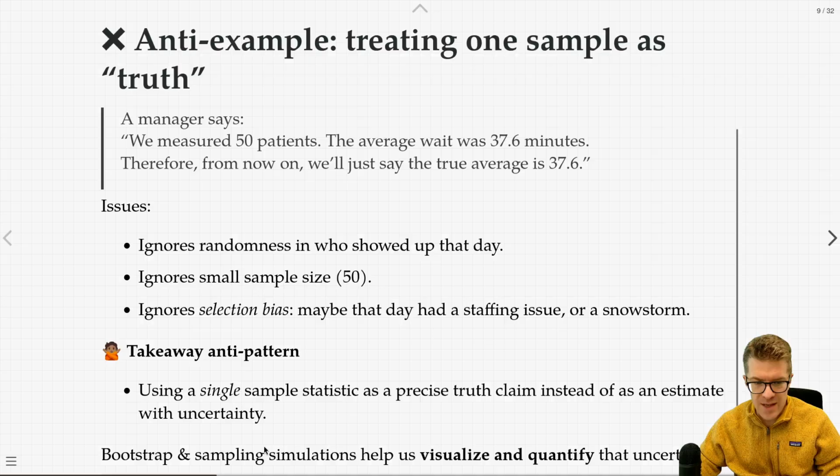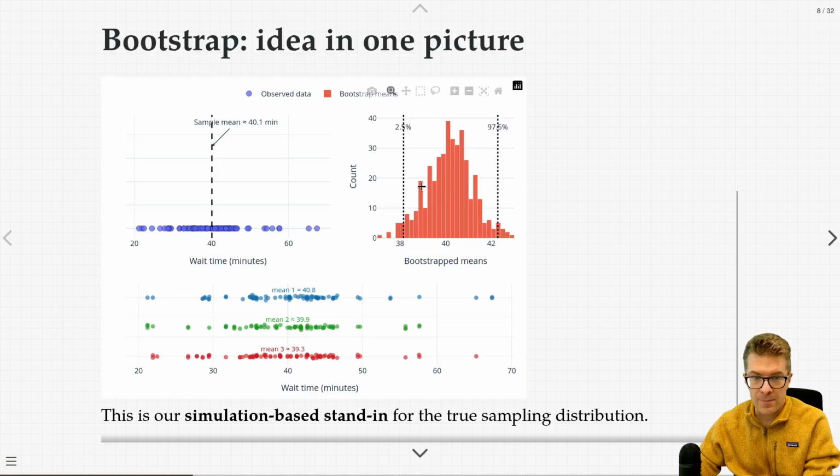So bootstrapping and sampling simulations help us visualize and quantify the uncertainty, as we just saw a moment ago with this distribution. We have a sampled mean over this bootstrapping process, and we have bounds on our estimates about our confidence about where the estimates might lie.